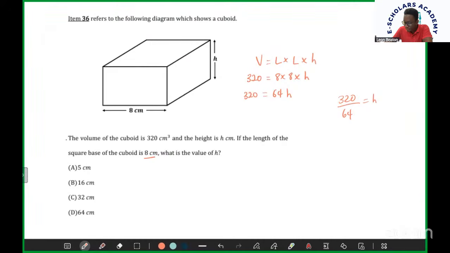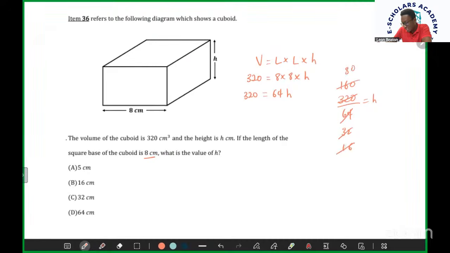So let's divide this now. We don't have calculators, so we have to find smart ways to do this. 64 divided by 2 is 32. I divide this by 2 to get 160. This will be 16, and this will be 80.